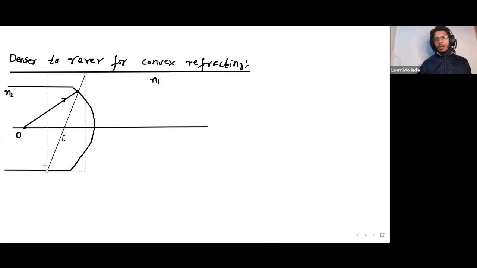If you remember your class 9 geometry, to draw a normal on a sphere you connect that point to the center of the sphere. All radii are normal to the sphere. Similarly here, just connect this point to the center of curvature. This is the normal, this is a 90-degree angle. This is your angle of incidence.